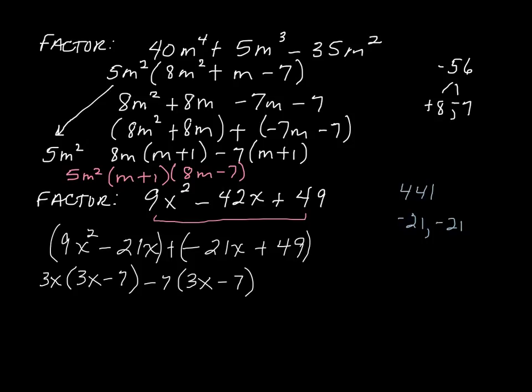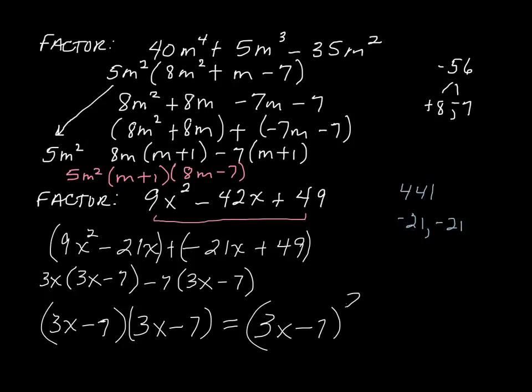But watch what happens here. When you bring out the 3x minus 7 that's common, what you have left is 3x minus 7. And this is a binomial squared, 3x minus 7 squared.